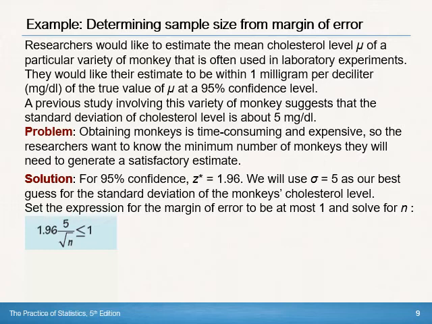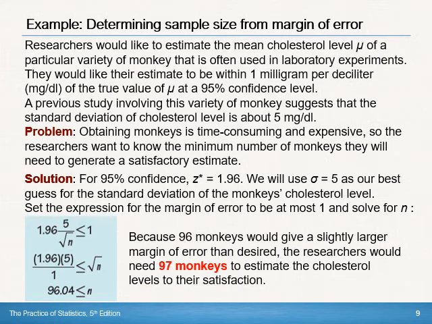We want that to be less than or equal to 1 milligram per deciliter. So we just have to solve this for n. We can move the square root of n up and bring the 1 down. We square both sides.